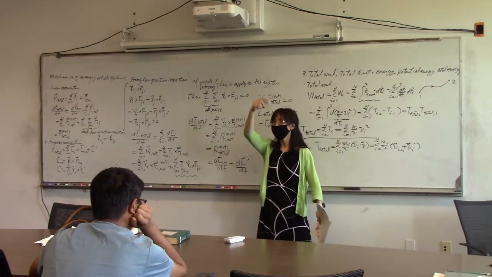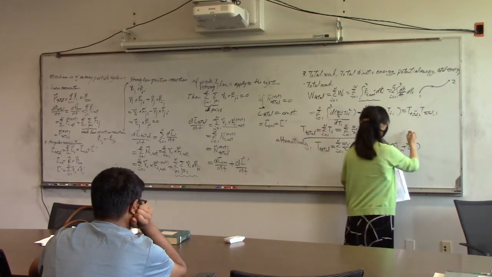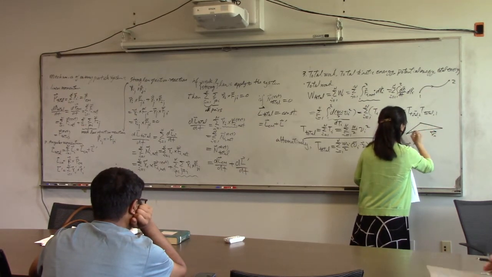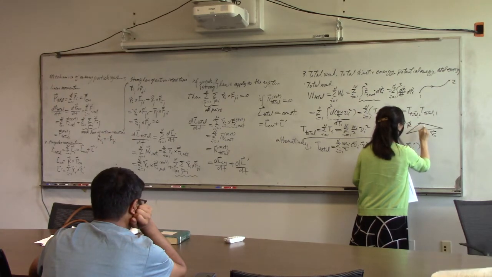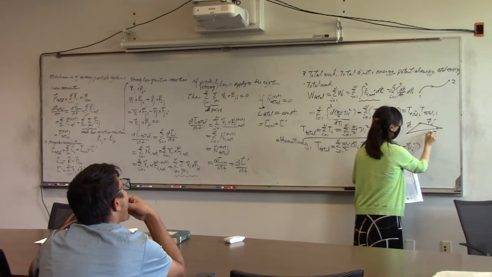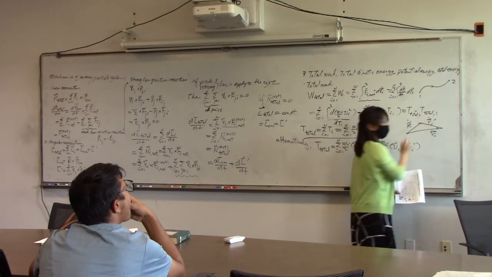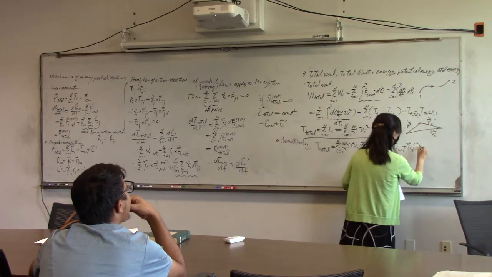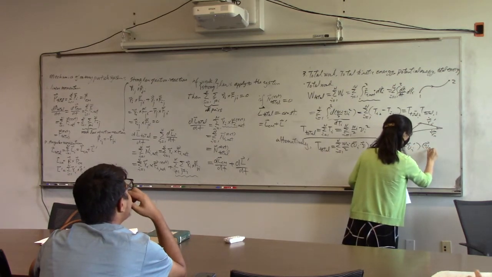Remember, ri is capital R plus ri prime, right? Then if you do the dot product, that is this.